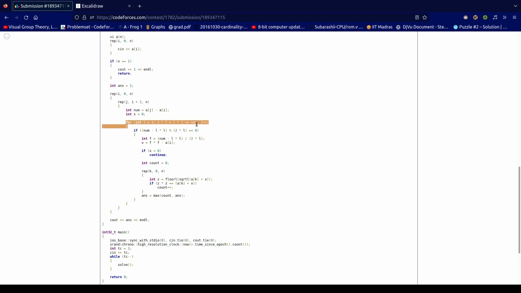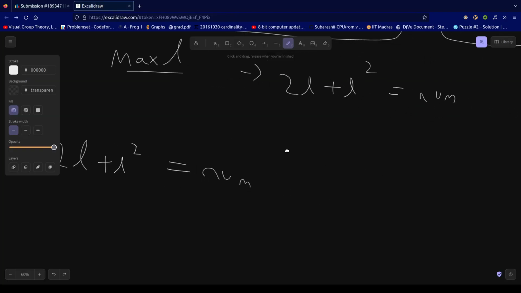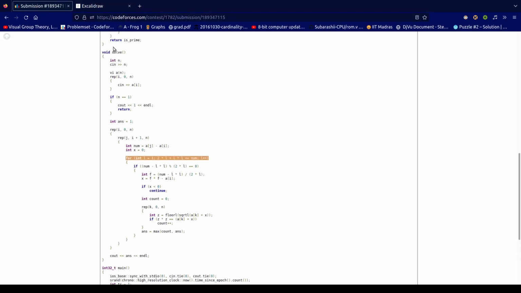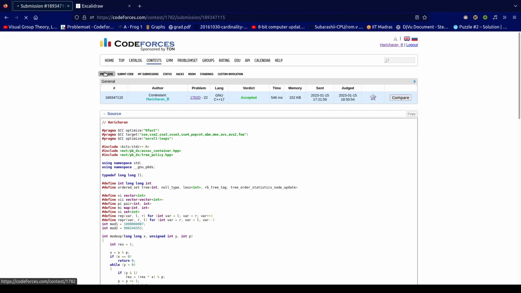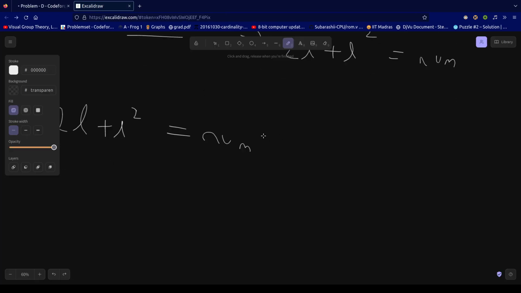And then if you look at this line over here, num is the difference between two numbers. And if you look at the question, the numbers were basically 1e9, right? Because the numbers are 1e9, the difference can be at most 1e9 minus 1.